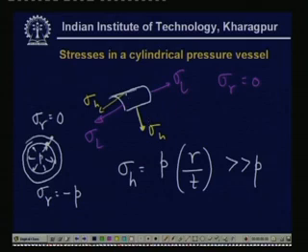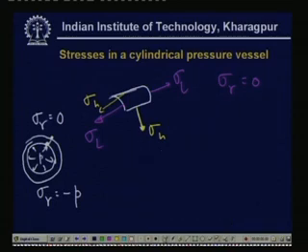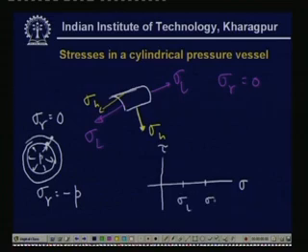So, these are the two normal stresses, and then if we consider the maximum shear stress, it is easy to see that if we draw the Mohr circle, then sigma h is double that of sigma L. So, this is sigma L and this is sigma h.